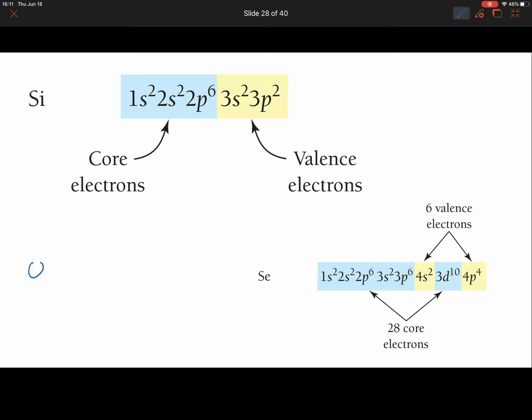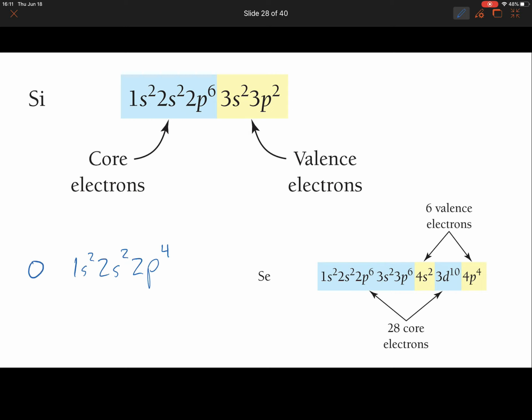Let me remind you, oxygen has 8 electrons, 1s2, 2s2, sorry, not 8 electrons in the valence shell, it has 6. It does have 8 total, but the p shell can hold 6, and there's only 4 of those that go in here.